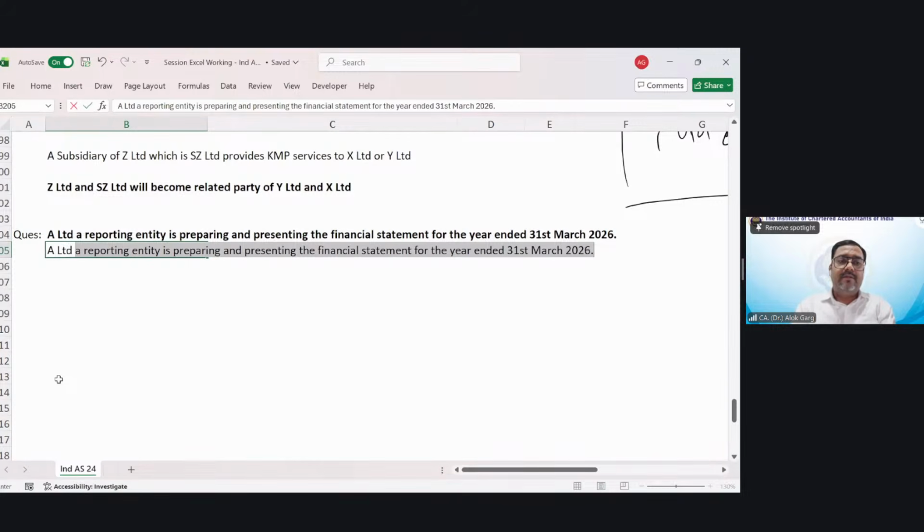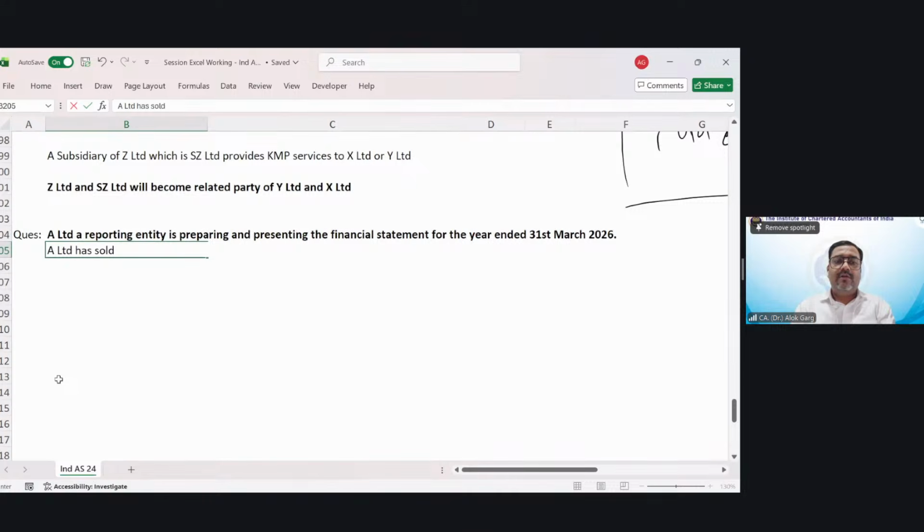A Limited has sold goods for rupees 1 lakh every month to its subsidiary B Limited.